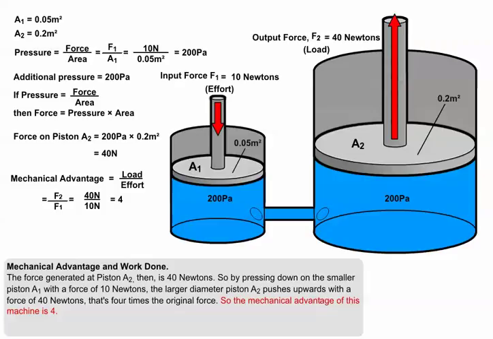And you can probably deduce that we calculate the mechanical advantage by dividing load by effort. That is, by dividing the output force by the input force. This machine, for example, enables us to lift a load of 40 newtons by making an effort equal to 10 newtons, so its mechanical advantage is 40 divided by 10, which is 4.